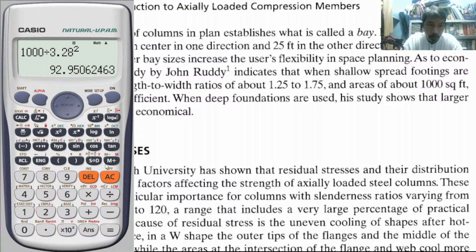So this is about 93 square meters. Okay, 1,000 square foot is 93 square meters. So that is the lot area of one residential unit.